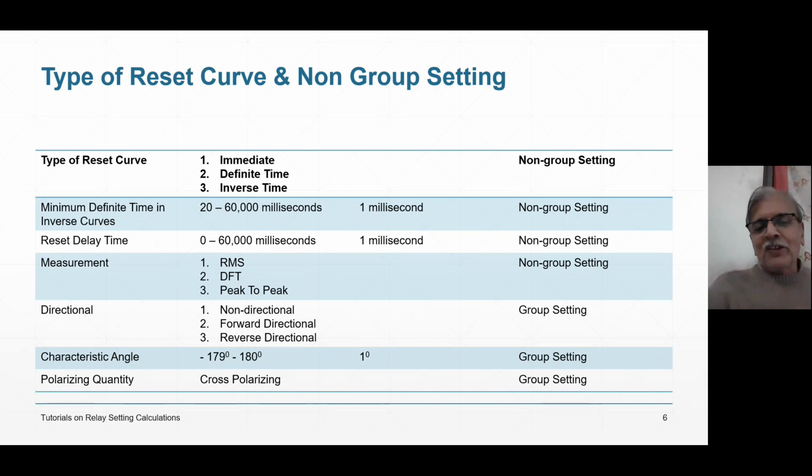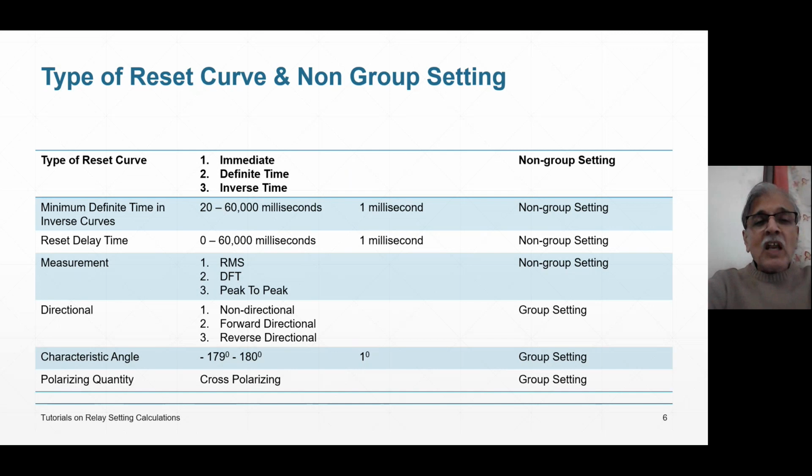That is group setting once again. In one group it can be non-directional, in another group it can be forward directional, in third group it can be reverse directional. Characteristic angle theta is settable from -179 to +180 degree in steps of 1 degree. Group setting. Polarizing quantity is cross polarizing. Normally we use, they give some 2-3 types of polarizing, that is also group setting.